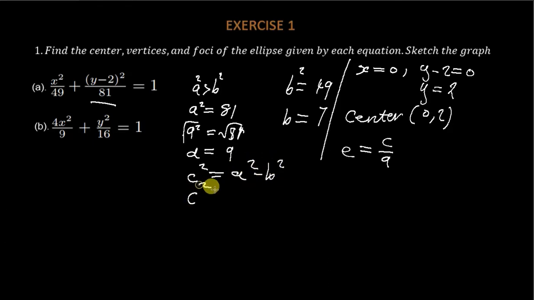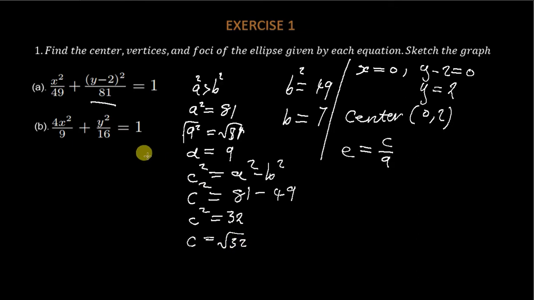Our A squared is 81, and B squared is 49. So C squared is 81 minus 49, which gives us 32. So C becomes the square root of 32.